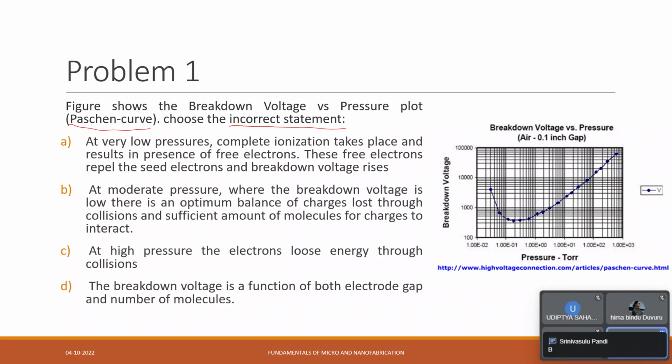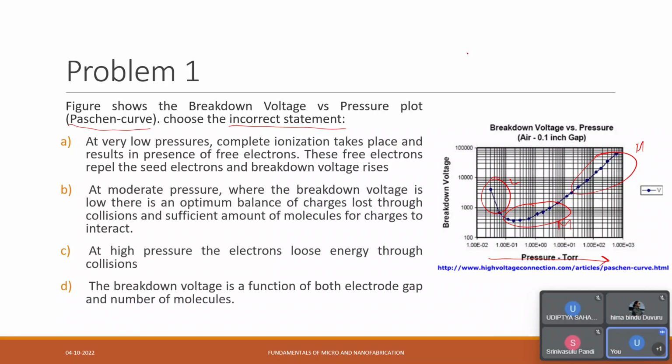In this graph, the pressure increases this way: this is the high pressure zone, this is the low pressure, and this is the moderate pressure. At very low pressures, we can see how the plasma is generated here.